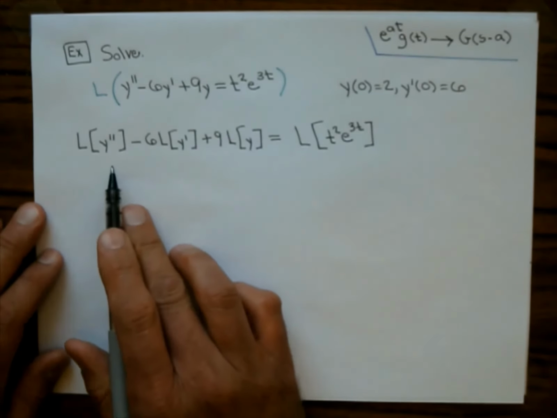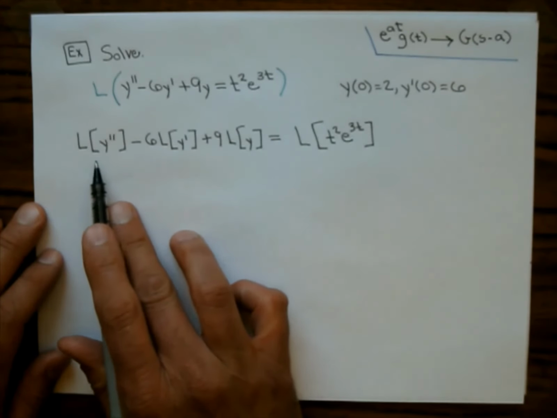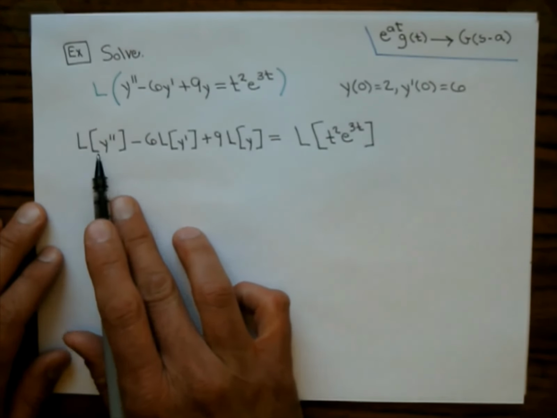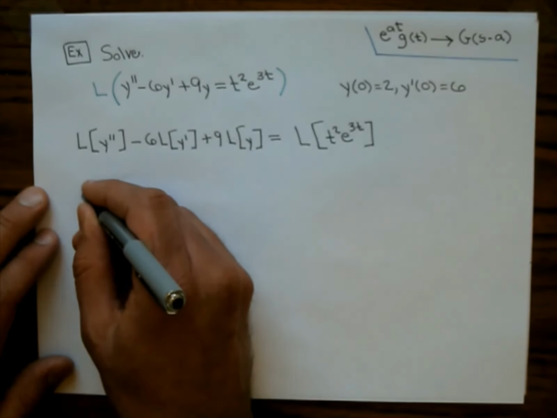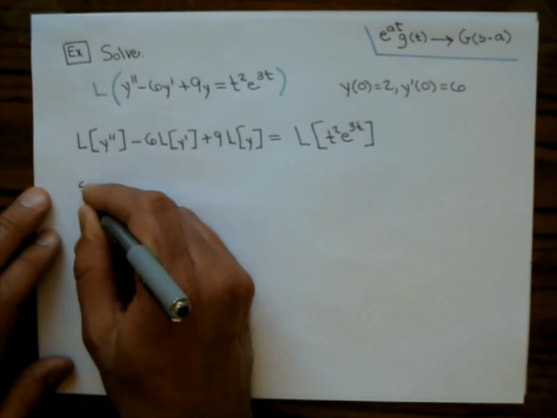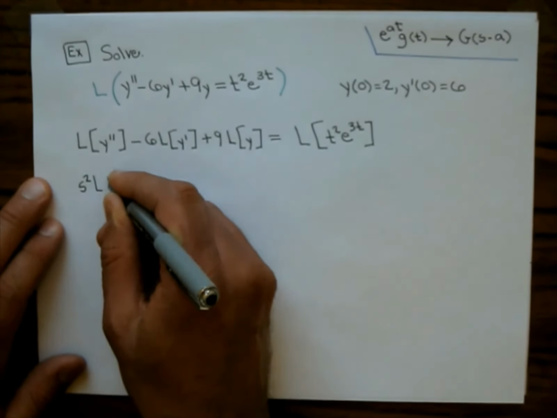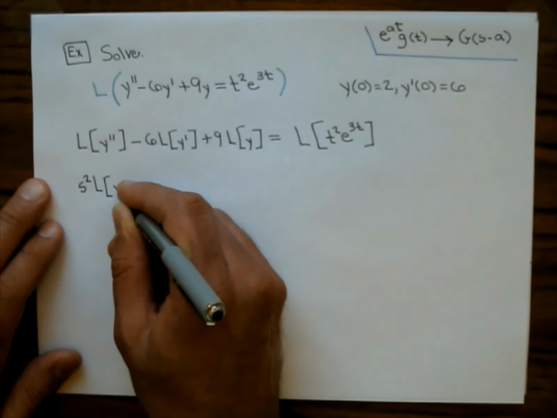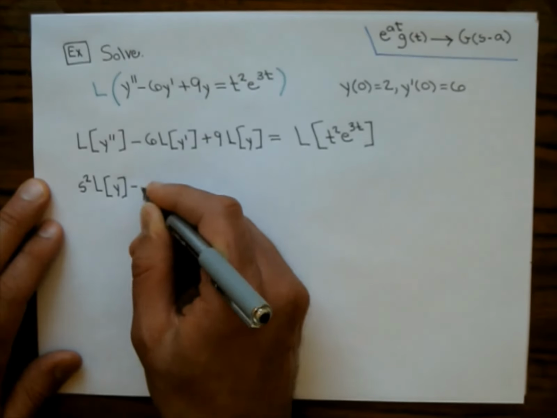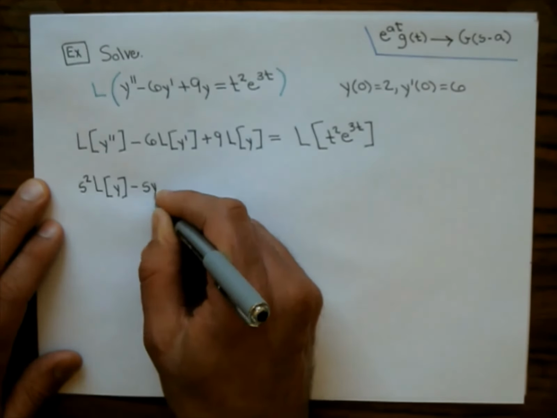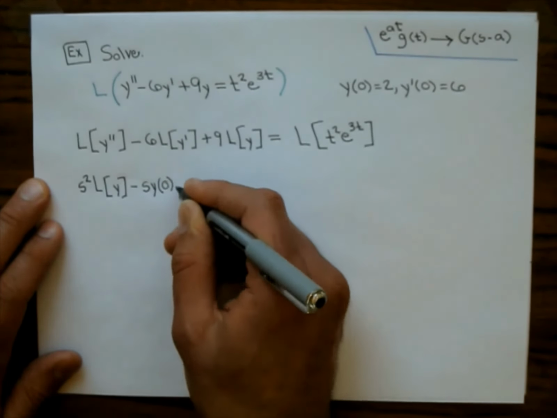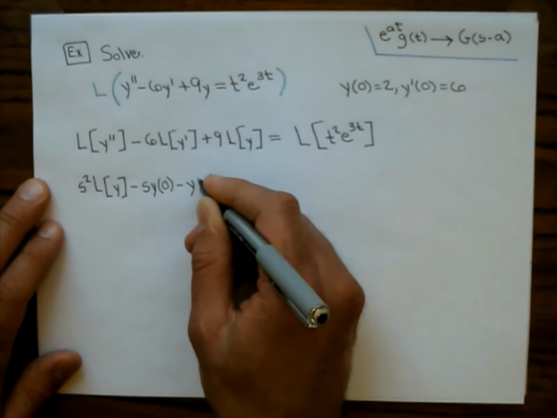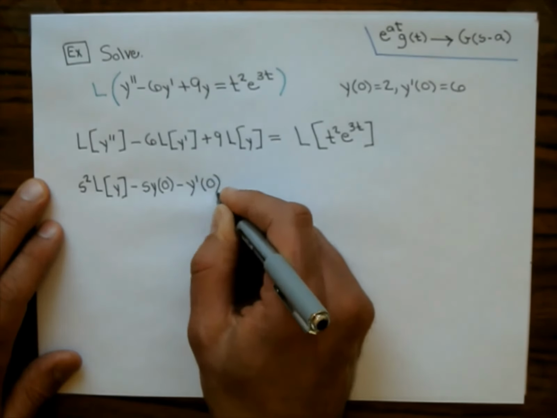Okay, so now we have to remember these formulas. The Laplace transform of y double prime, that's the one that had the s squared. So this is s squared L of y minus s y of 0 minus y prime of 0.